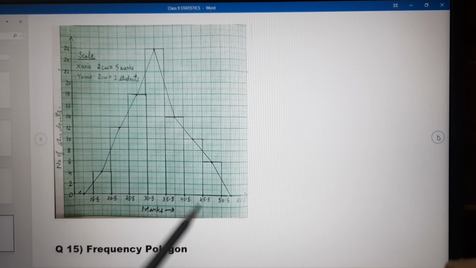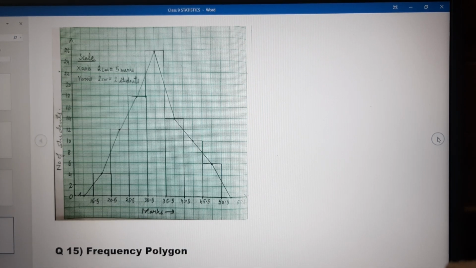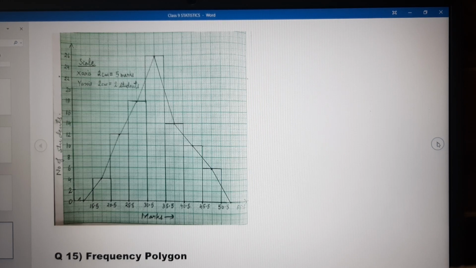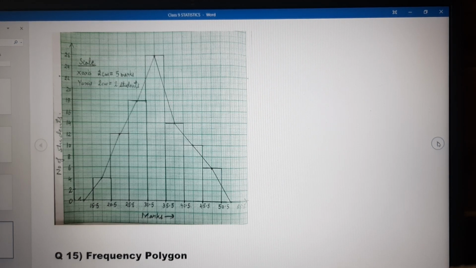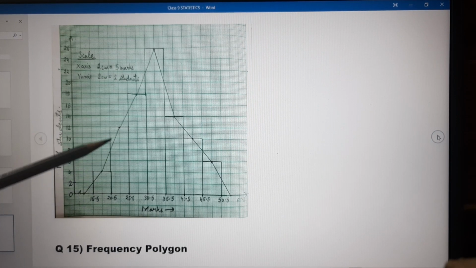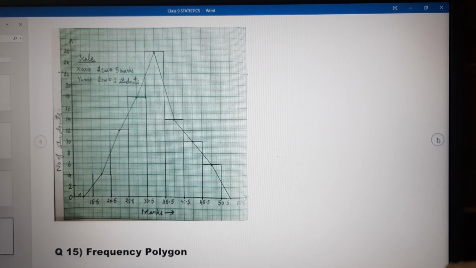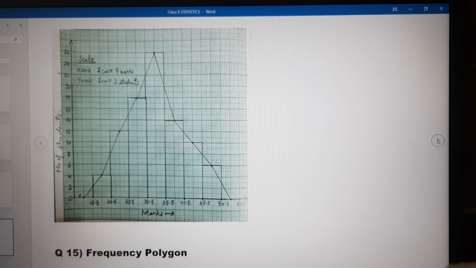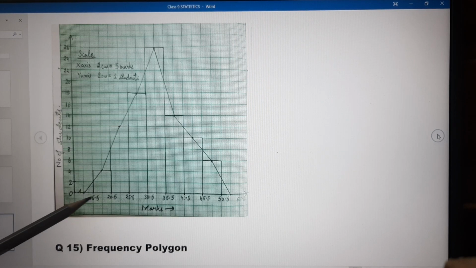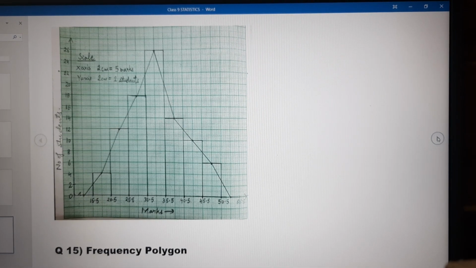What are you representing on the x-axis? Number of students. See, why are we taking the midpoints? What is the idea behind it? Actually, when the frequencies are plotted on the class mark, it means we are plotting the frequencies on the class mark, not on the class intervals.